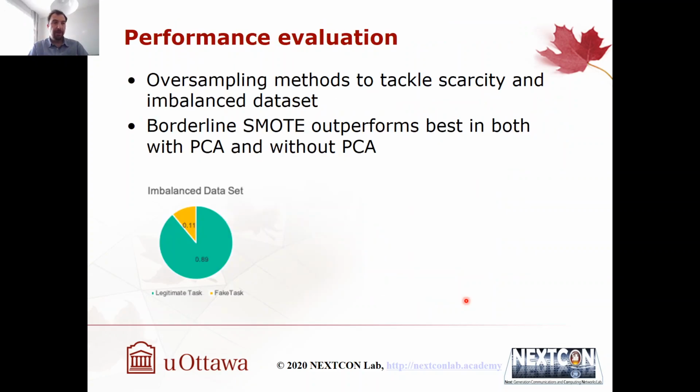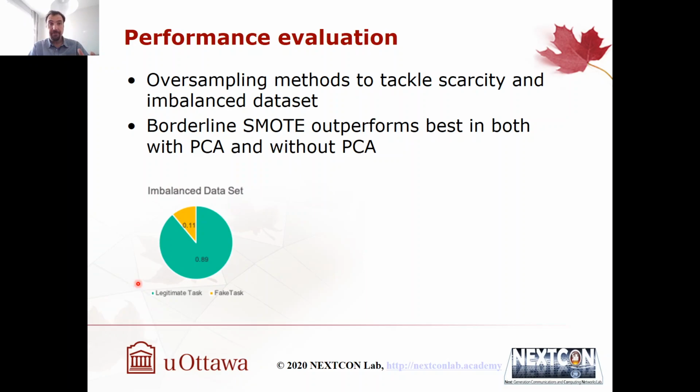So as I mentioned before, in our system model I presented, the data set is very much imbalanced. As you can see here, majority of the tasks generated by our mobile crowdsensing simulator are legitimate tasks, so there's nothing wrong with them. But there's a small minority here, like 10% of the tasks.